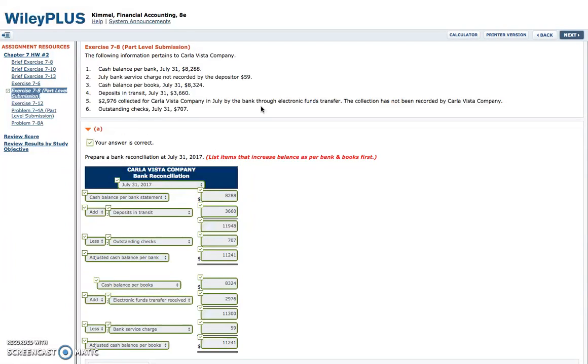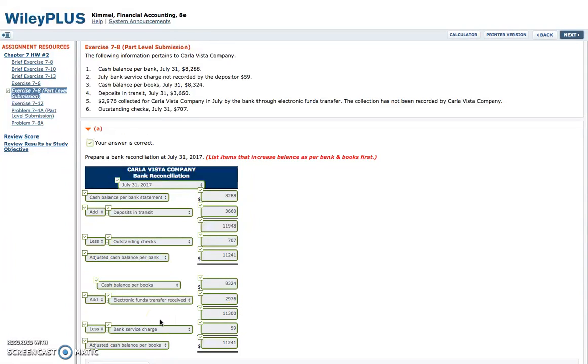So we're going to come down here and add that electronic funds transfer that we received of $2,976. When we do the math here, 8,324 plus 2,976, we get the 11,300 number here.